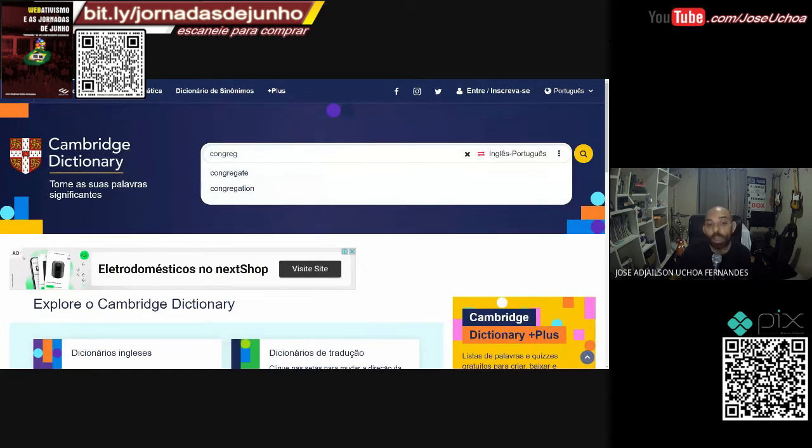Okay, so we are led to consider that congreg or congrega, because congregation, congregate, so we start, well, is this a part of the suffix or is this a part of the root?